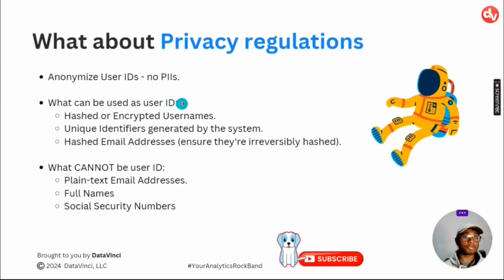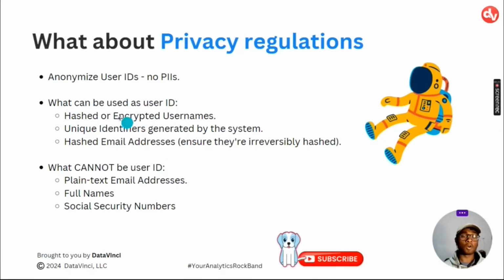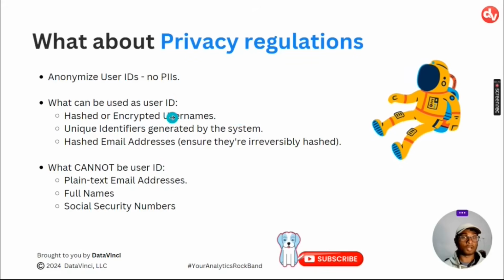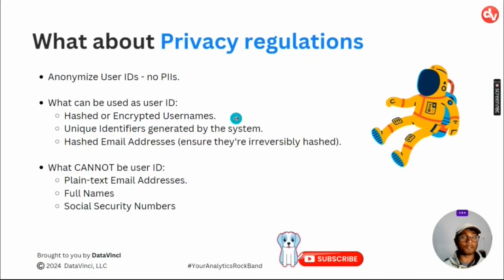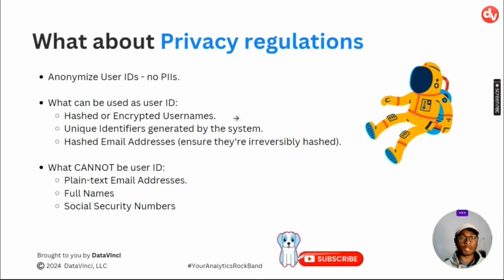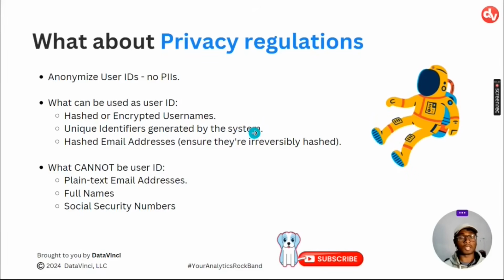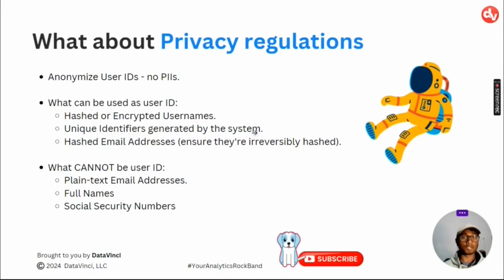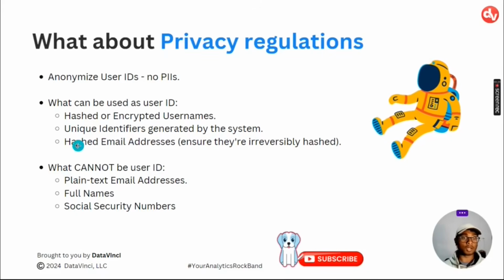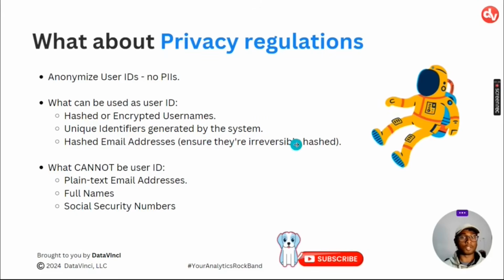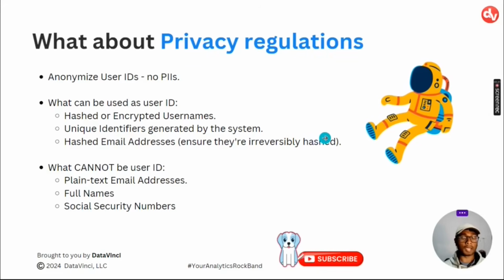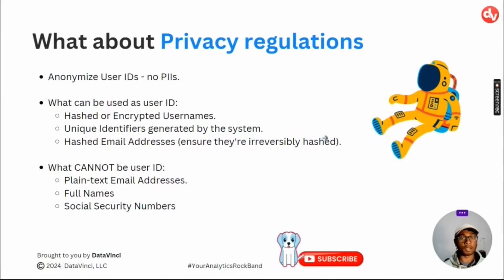So what can be used as user ID is hashed or encrypted usernames. Users should not be personally identifiable from their usernames or emails, etc. Unique identifiers generated by your CRM systems can also be used as user ID, or as we discussed already, hashed emails, which are irreversibly hashed, can also be used as user ID.